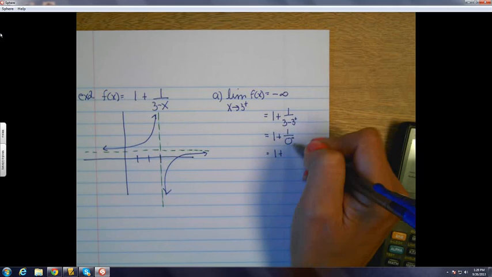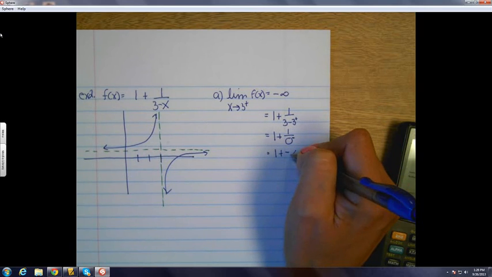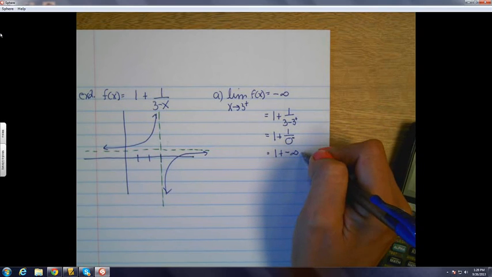And anything 1 over 0 is a form of infinity. Because this is negative, it's negative infinity. So adding 1 grain of sand back to no sand on the beach, still negative infinity.